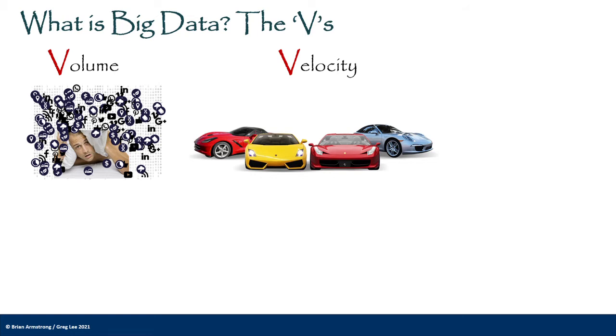But by virtue of the fact that you need to analyze it potentially as it's being produced, or very, very quickly as it enters your computing environment, that breaks the traditional rules. Remember, traditional data, we would store it to disk, retrieve it later, then analyze it. Now, with velocity problems, you often can't do that. You don't have the luxury.